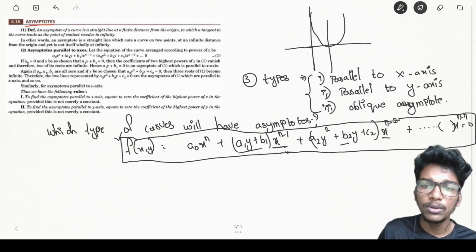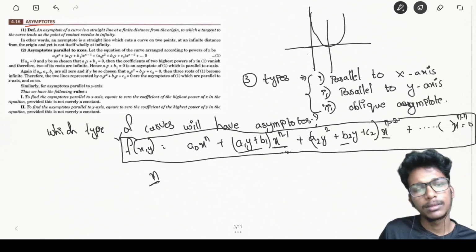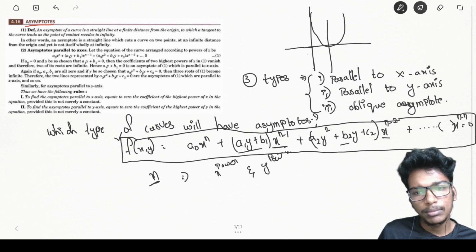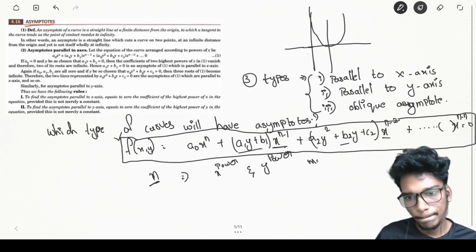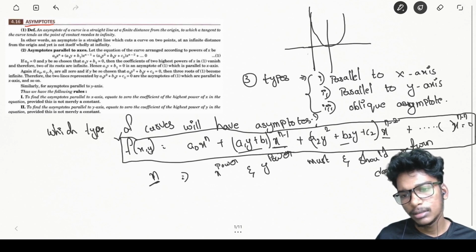We must have a function of degree n, in which the sum of the x power and y power returns the degree of the function.